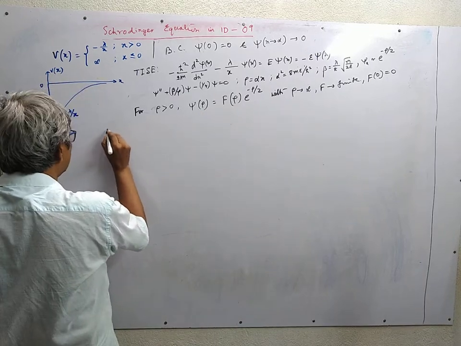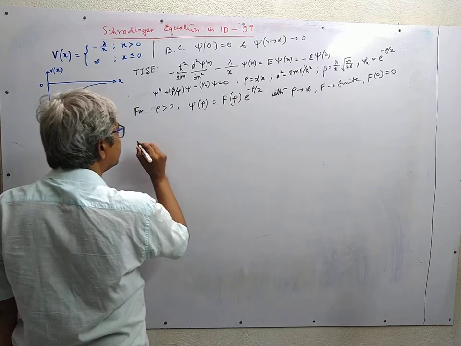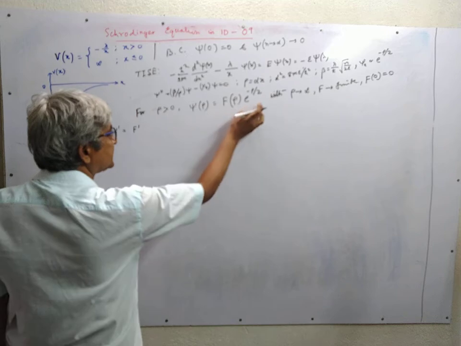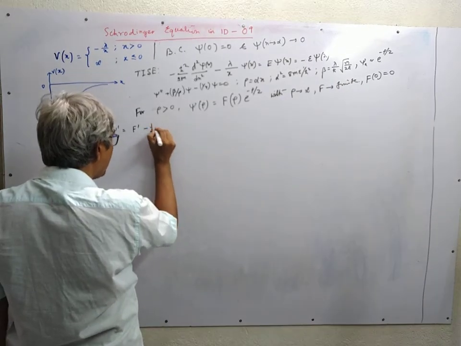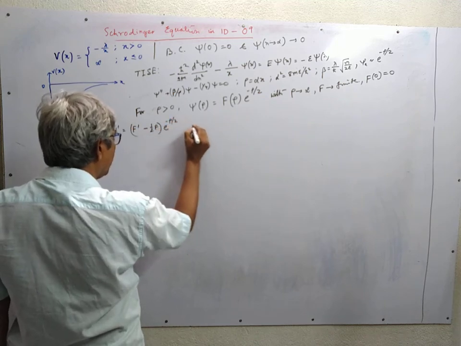So psi prime is equal to, first we differentiate this, so this is f prime, this remains fixed, and when we differentiate the exponential, it is minus half f times e to the power minus rho by 2.